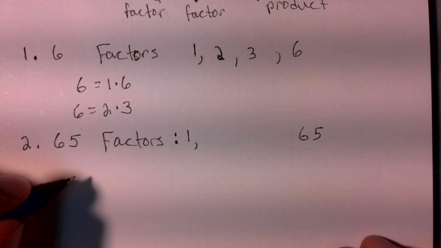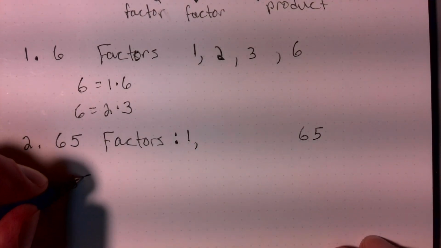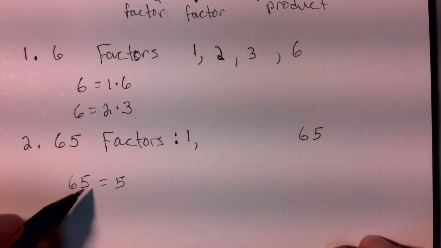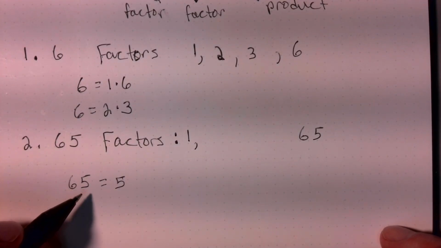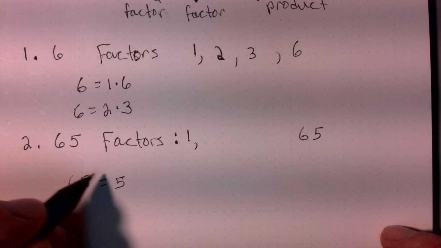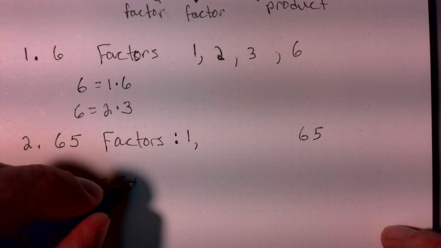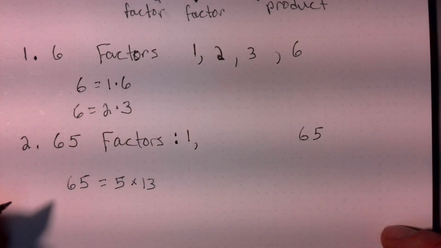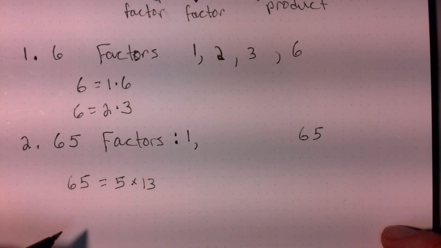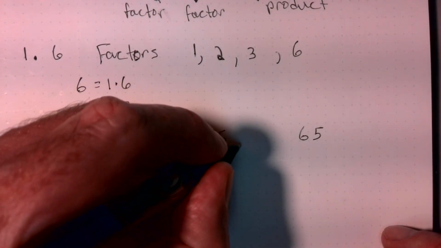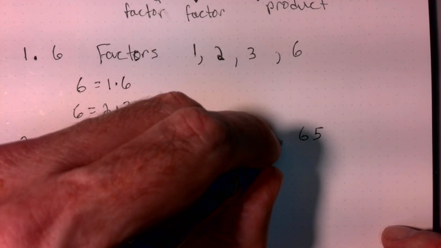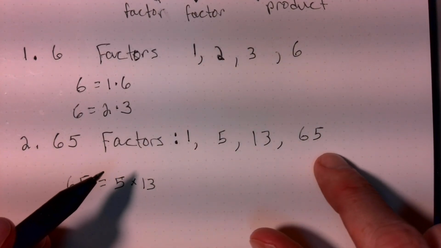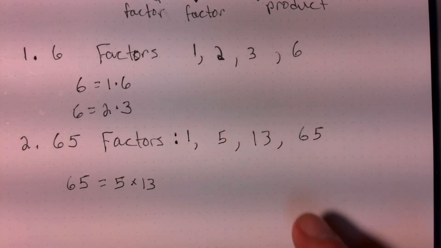Okay, now we can see that 65 ends in a 5. Anything that ends in a 5 or a 0 is going to be divisible by 5. Okay, if you do the division, 5 times what gives you 65, you'll find that the other factor is 13. So 1, 5, 13, 65. Nothing else goes into 65 other than what I've listed right here. So there are 4 factors.